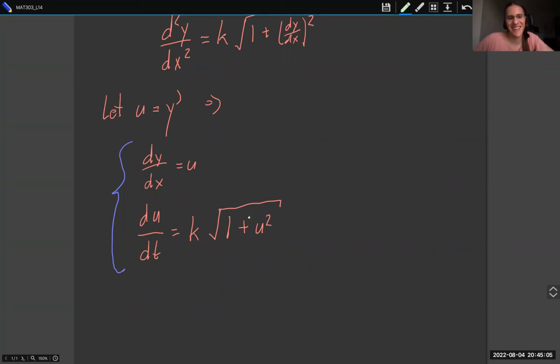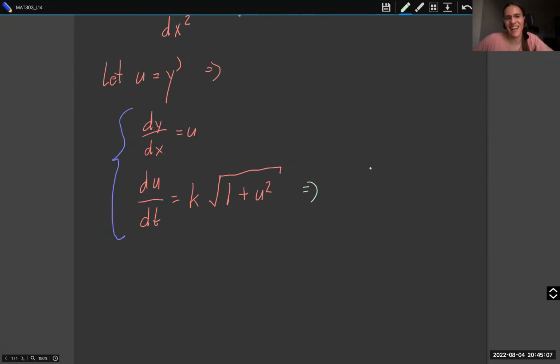Okay. So k dx is equal to du over square root 1 plus u squared.